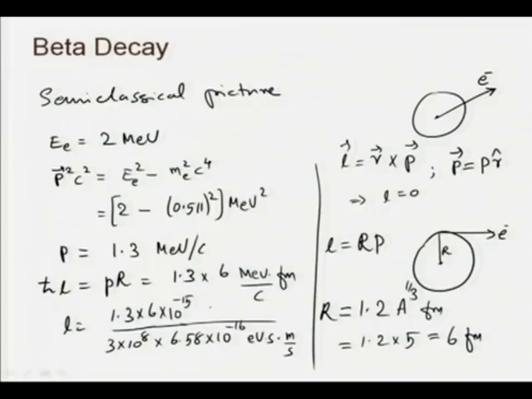So, let me write mega electron volt as 10 power 6 electron volt, and Fermi we already converted into meter. So, that is actually equal to meter. So, the units are the same for numerator and denominator, and therefore, as expected, L is a dimensionless number. So, this is the angular momentum in units of h cross.